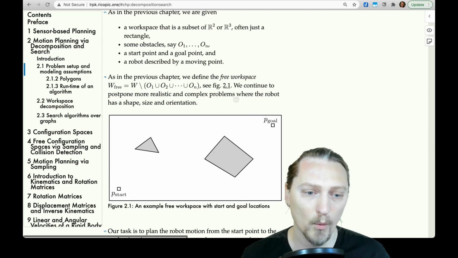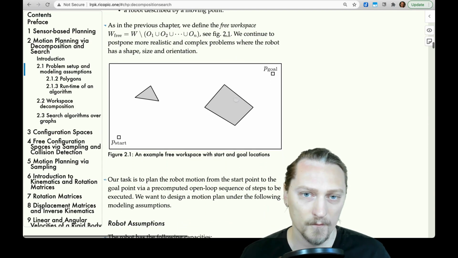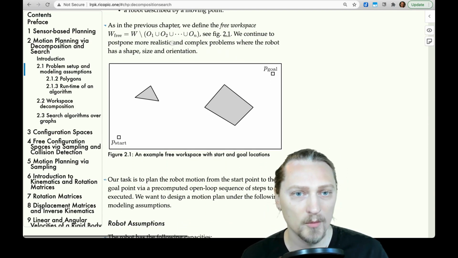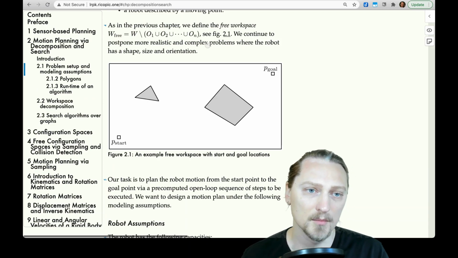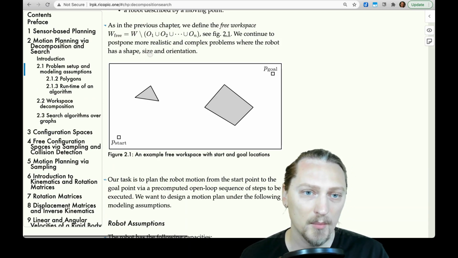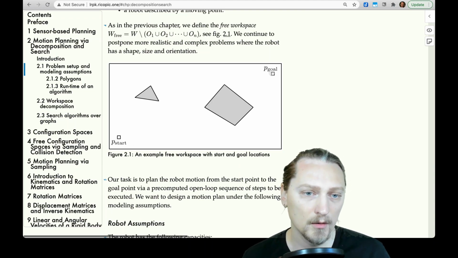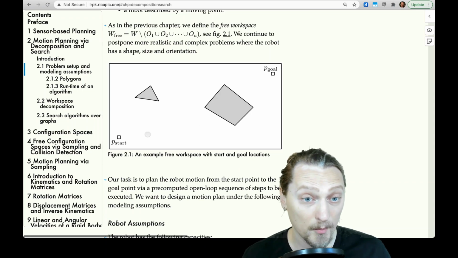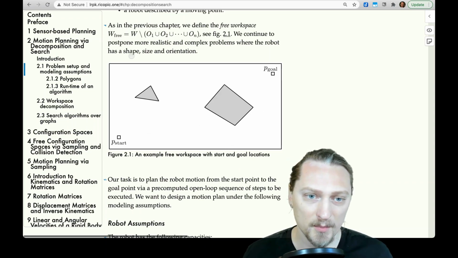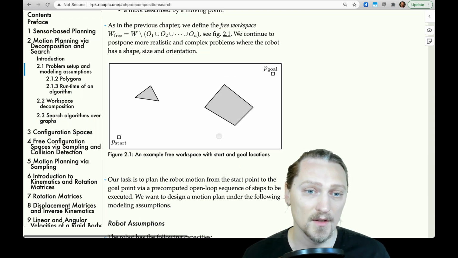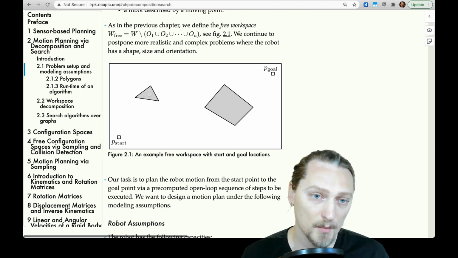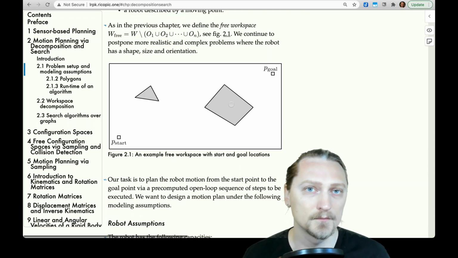See figure 2.1 here. We continue to postpone more realistic and complex problems where the robot has a shape, size, and orientation. So we see here we have a point where we start, a point where we go. The robot will be represented by a point. This is our workspace. The free workspace is the portion of the workspace that does not include these obstacles. Maybe this is obstacle 1, obstacle 2.